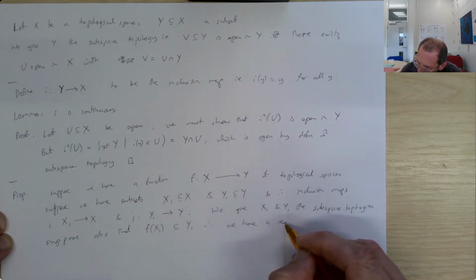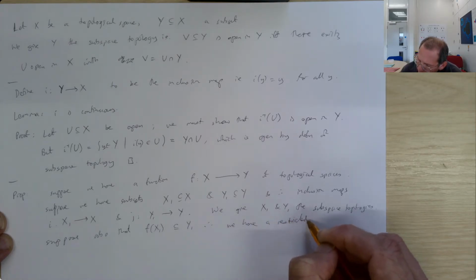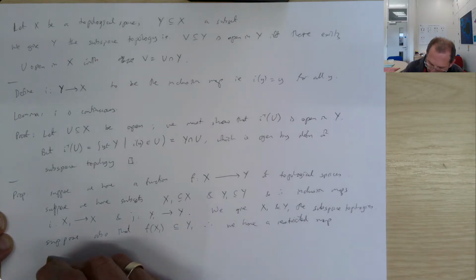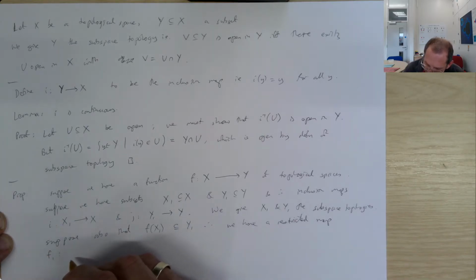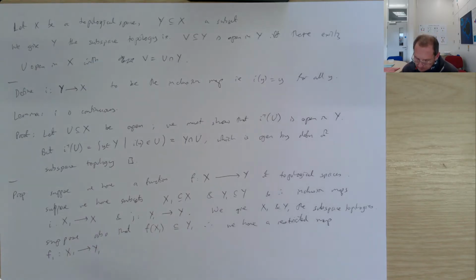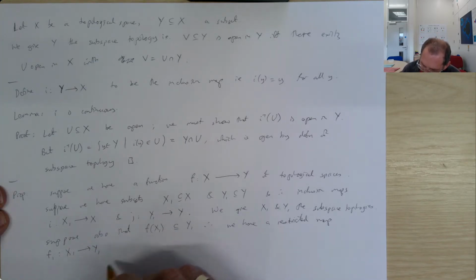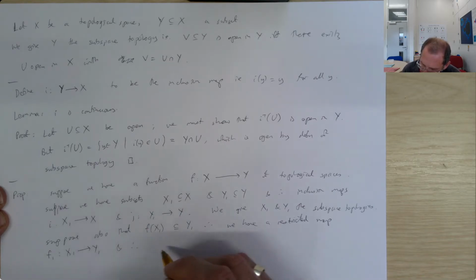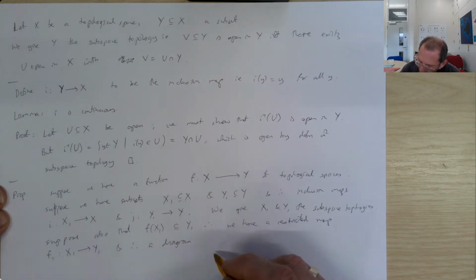That means you have a restricted map, which we could call f1 from X1 to Y1. And that means we've got this diagram, right? We've got X1 here going by f1 to Y1. Then we've got this inclusion map i here to X, and this inclusion map j here to Y, and then the original map f here.